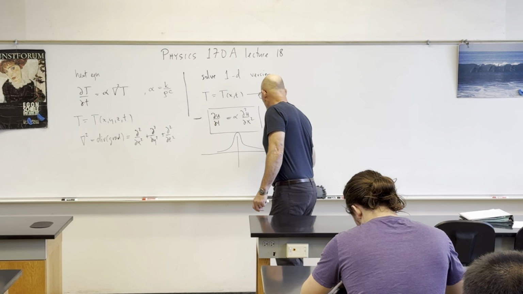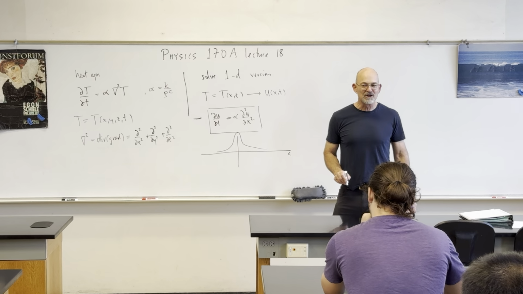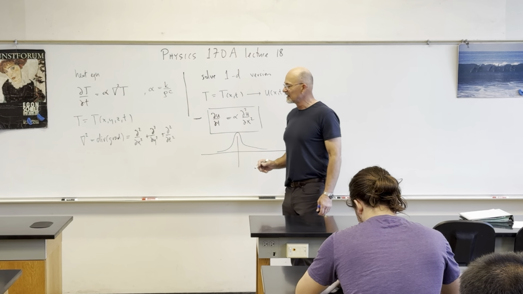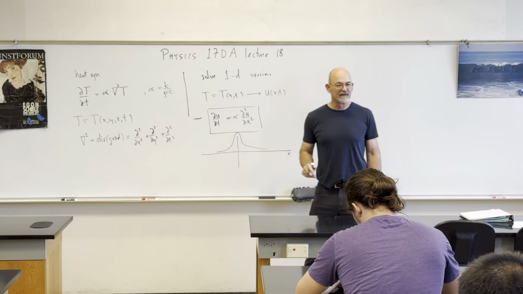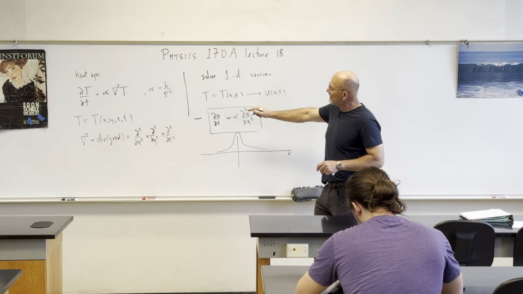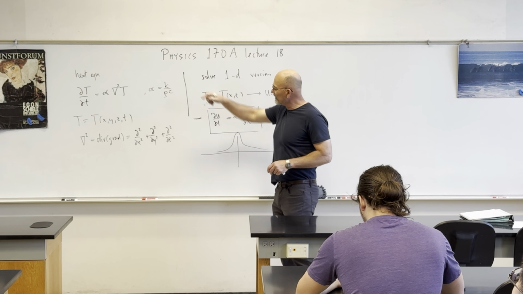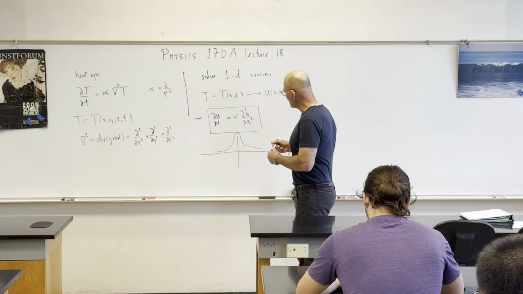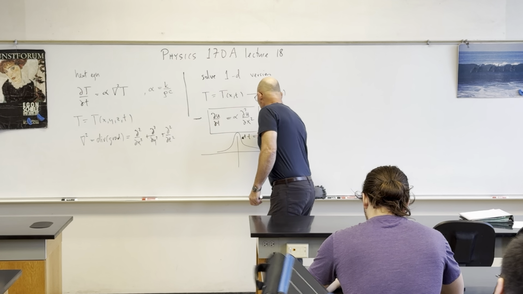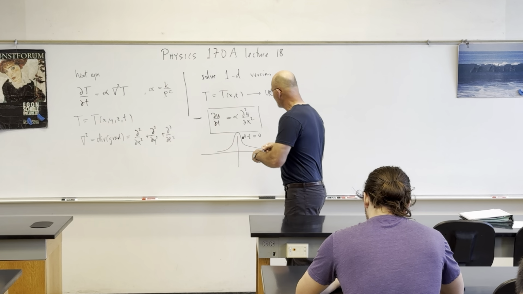So say the temperature is distributed like that initially. It's essentially concentrated around the origin. What's going to happen as time goes on? There was energy conservation in the making of this equation. This is at t equals 0. It's going to diffuse out.